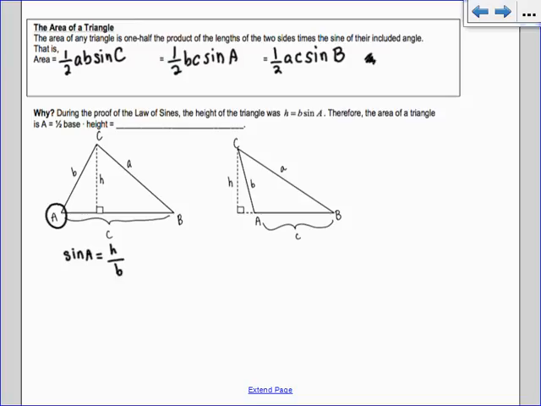Therefore your area, which we know is always 1/2 base times height, ends up being 1/2 base, which is C, times the height, which was B sine of A. So that's where it comes from. And it doesn't matter if it's an obtuse triangle or whatever, it's the same thing, your height and your base. So that's where the formula comes from.